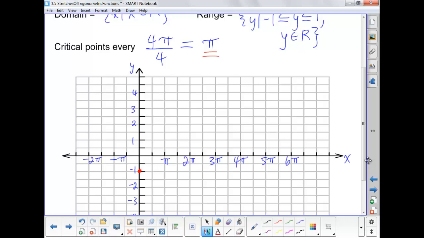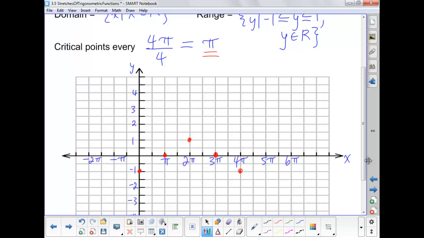Okay. From there, we now know the critical point spacing, so I'd be at the midline at pi. I would have to be at the maximum at 2 pi, back to my midline at 3 pi, and then ending at 4 pi. Again, this reflects the fact that the period is 4 pi. Okay. At this point, if I connected those 5 points, I would have one complete cycle illustrated.